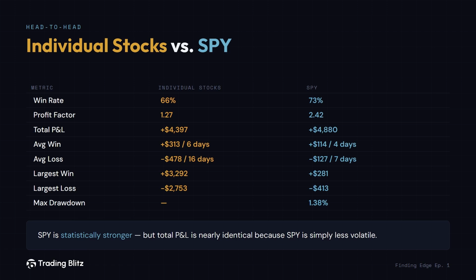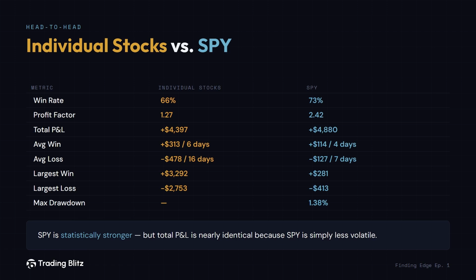The average winner earned $313 and resolved in about 6 days, whereas the average loser cost us $478 and dragged on for about 16 days. So we're winning more often, but when we lose, the losses are bigger and lasted longer. That's pretty much the classic profile of a mean reverting strategy without stop losses.